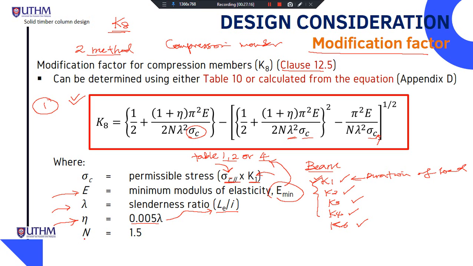And N is the reduction factor used to derive grade compression stresses and moduli of elasticity. In this case, we take N equal to 1.5. So this is the formula to calculate K8.